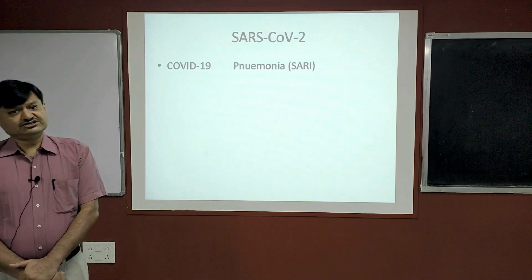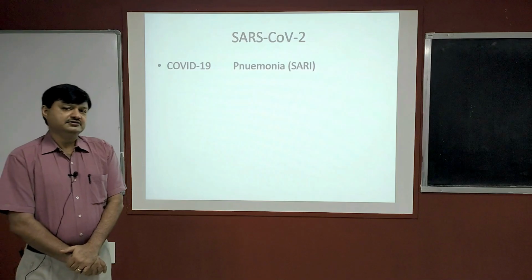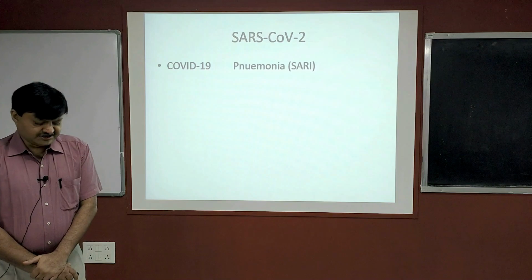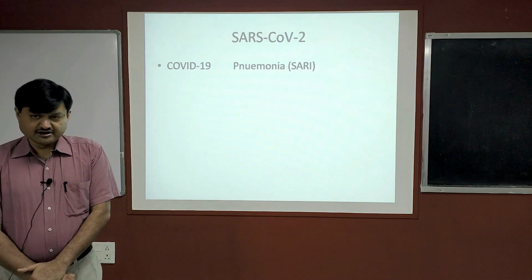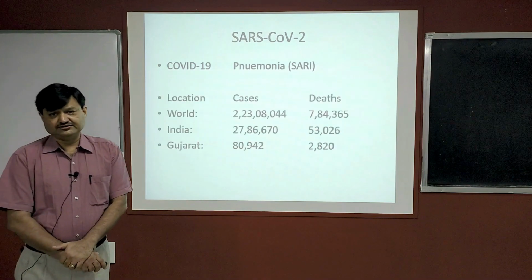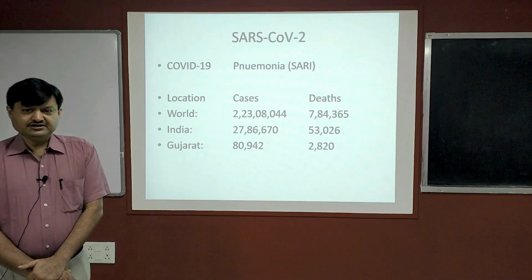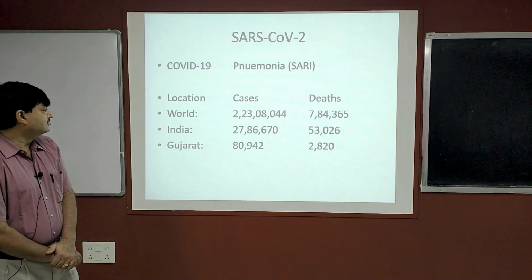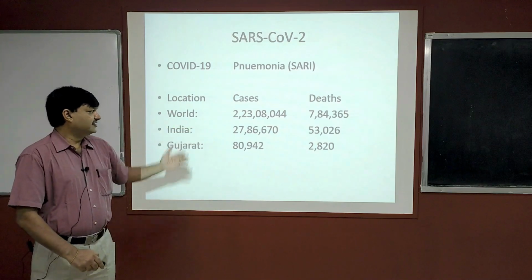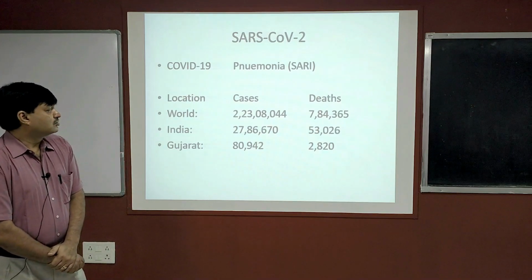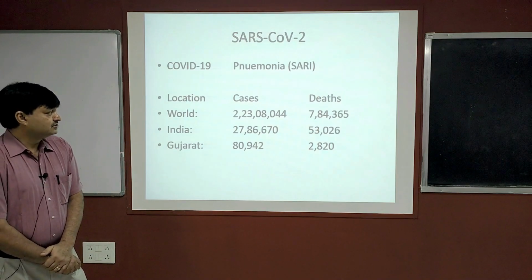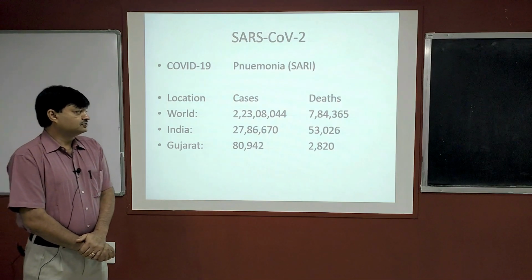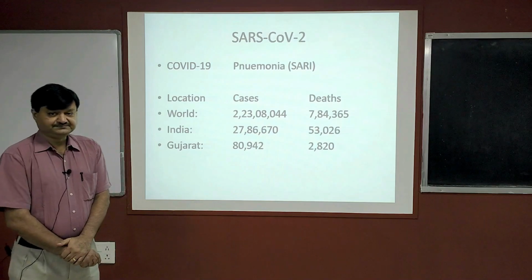Now, another virus, what we are facing, is a pandemic of SARS-CoV-2. The disease is called COVID-19 and it has led to a pneumonia, also called SARI, severe acute respiratory infection. And if you see the statistics right now in the world, COVID-19 worldwide has caused 2,23,08,044 cases till today, 7,84,365 deaths.